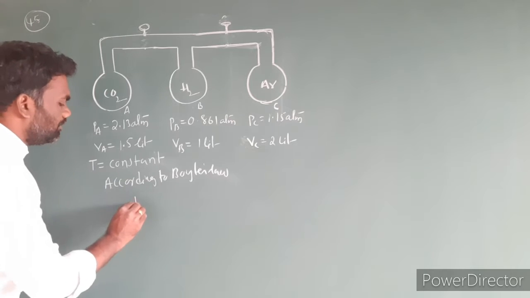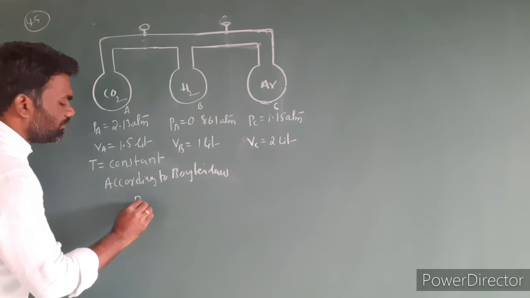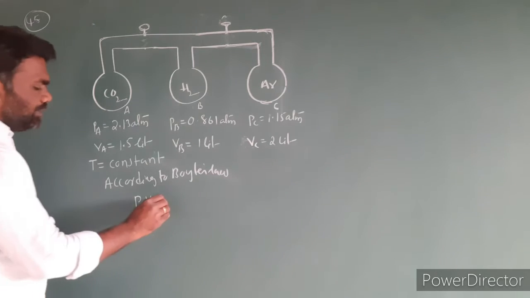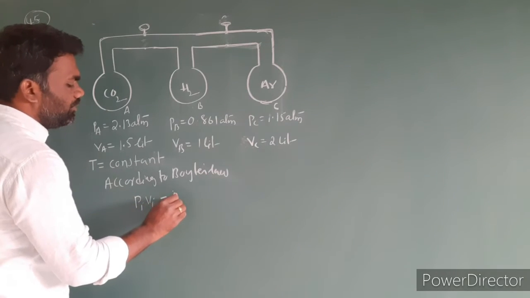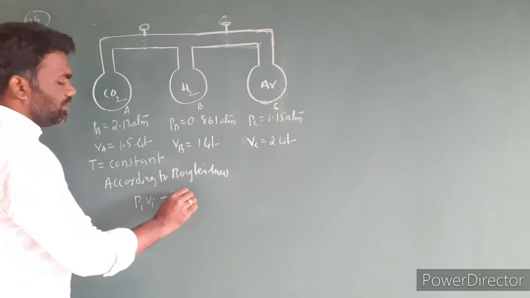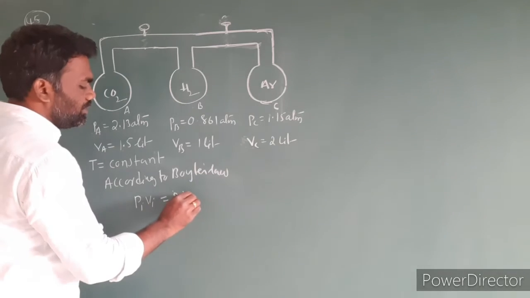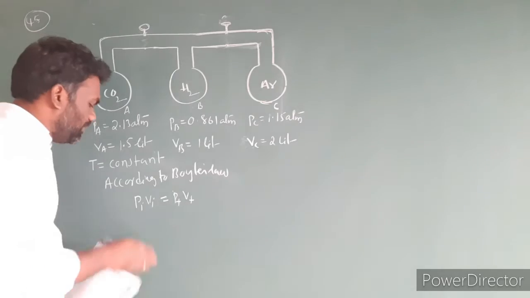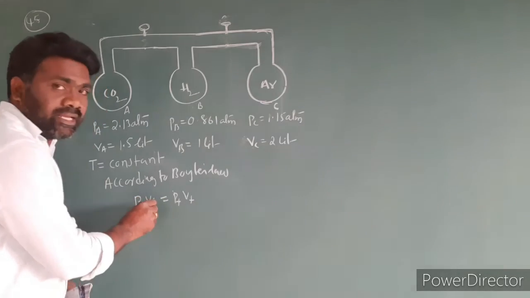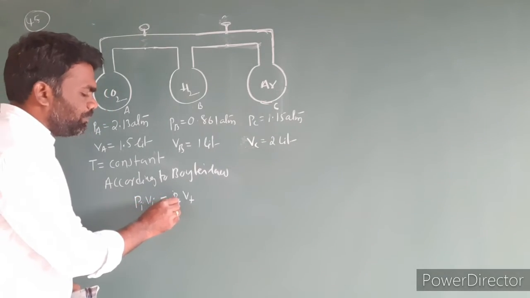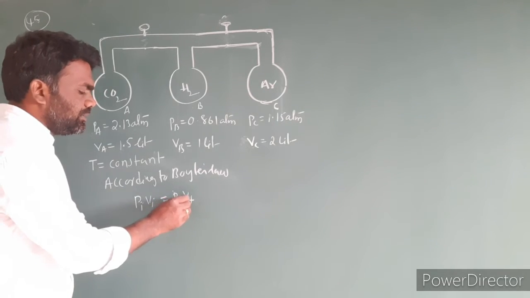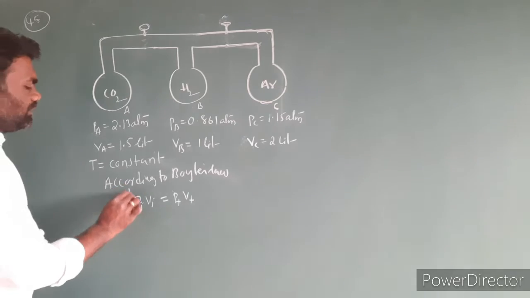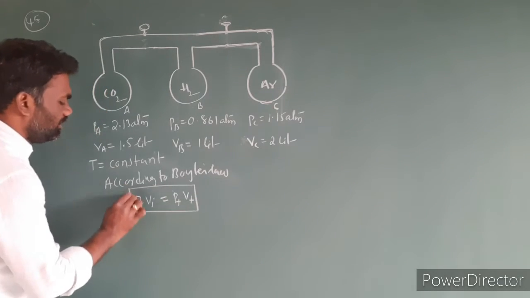Here I am taking Pi, the initial pressure, and Vi, the initial volume, equal to Pf, the final pressure, into Vf, the final volume. So this is the formula we can use.